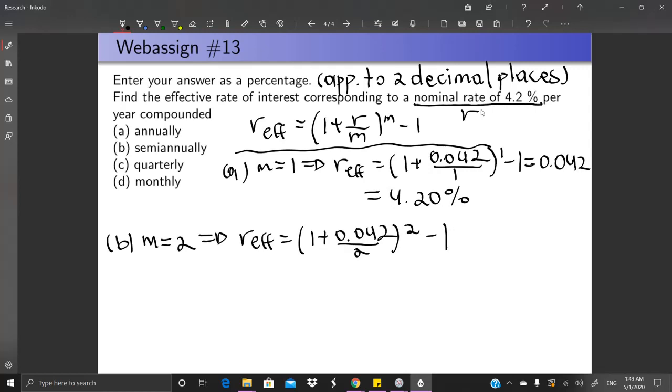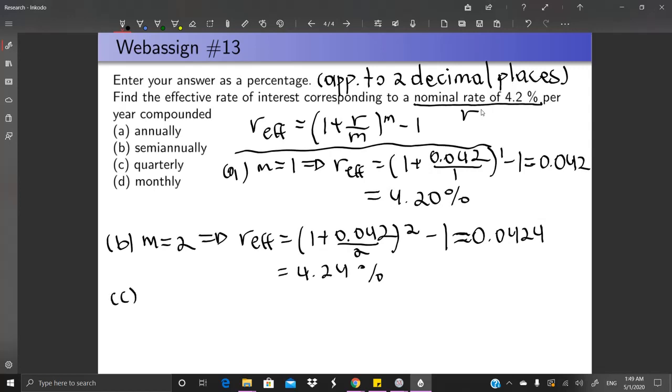Okay, when I did this as a decimal, I got 0.0424, and as a percentage, that's approximately 4.24%. All right, so now we're seeing that the effective rate is different than the nominal rate already.